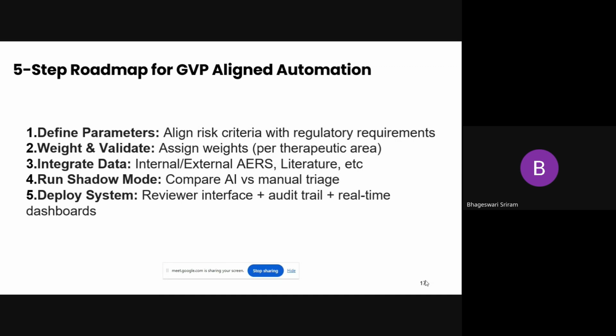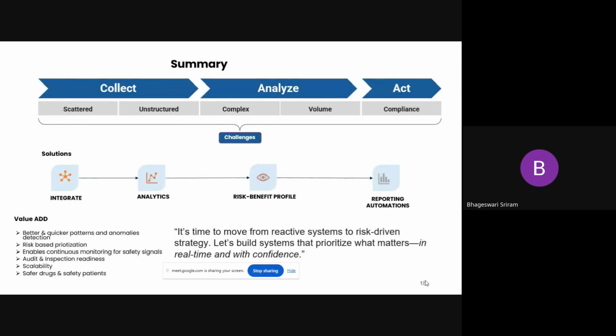And then run shadow mode, compare AI versus the manual triage, and then deploy the systems. Always have the medical reviewer with the option to accept, refute, or make his or her recommendation on the AI-based recommendation or suggestion. And the audit trail is already a part of the different features we have.